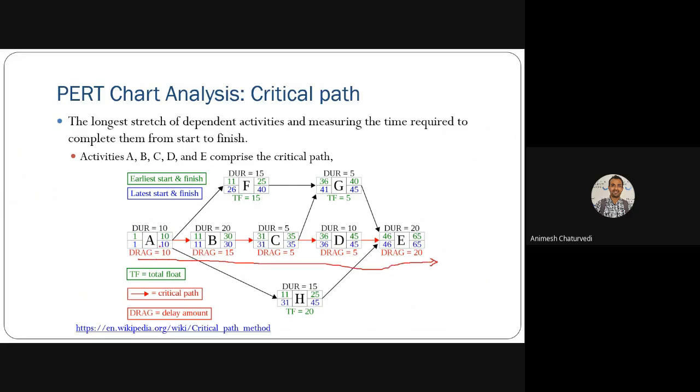If anything in this critical path is delayed, then the whole project would be delayed. But here F and G could be delayed because they are not in the critical path, though they also need to be delayed only very little compared to these. But anything delayed in this critical path would lead to the delay of the whole project. So this is what is meant by the critical path.